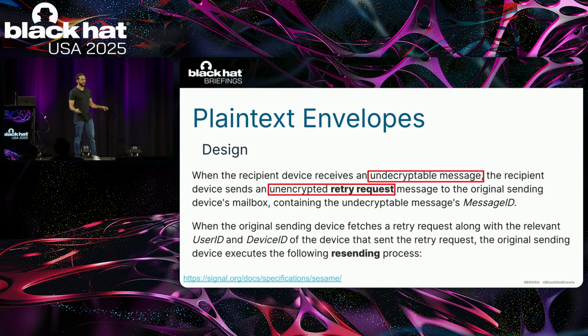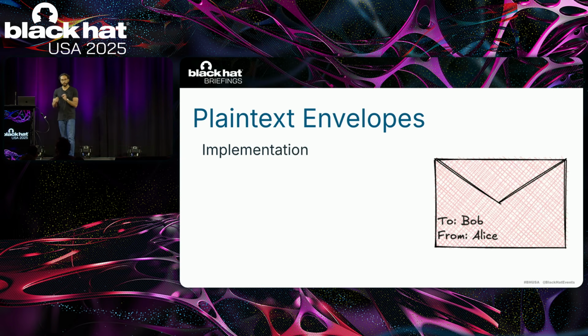This is the message ID. Please figure it out, send me back the message, let's reestablish the session. The protocol specifies what's going on here. So there is one way that you can send an envelope that has plain text content, and that is for the context of retry messages only. This is expected, but we expect the clients to validate that. So let's dive a little bit into the code together.